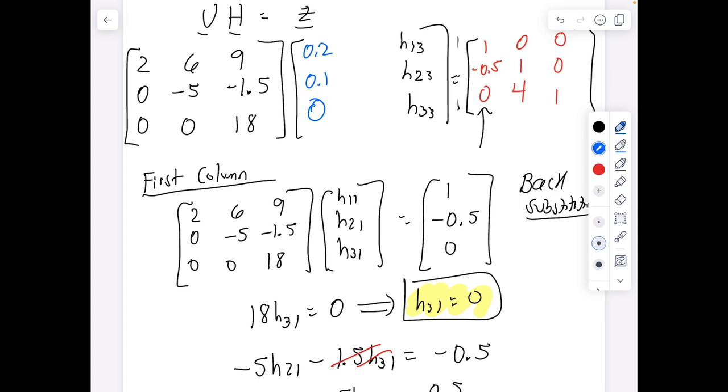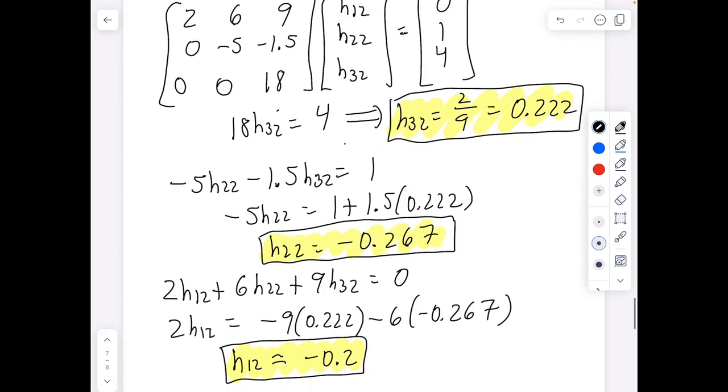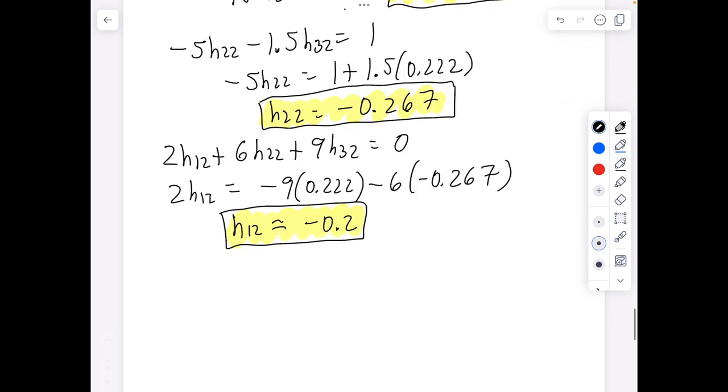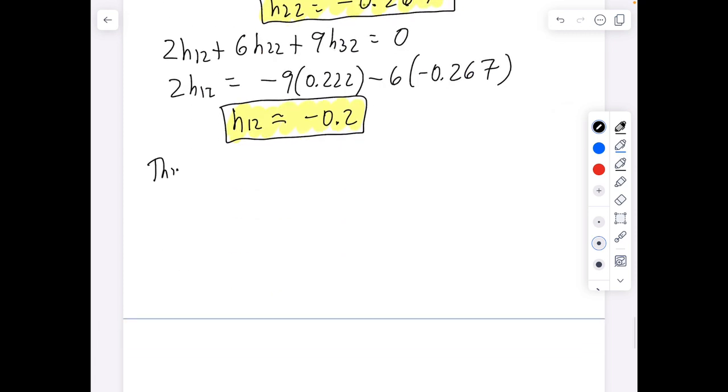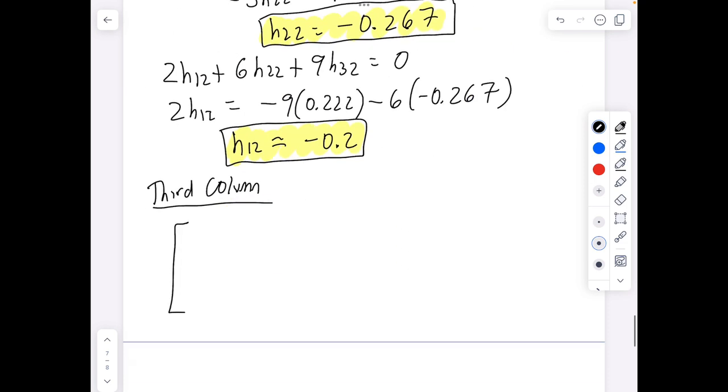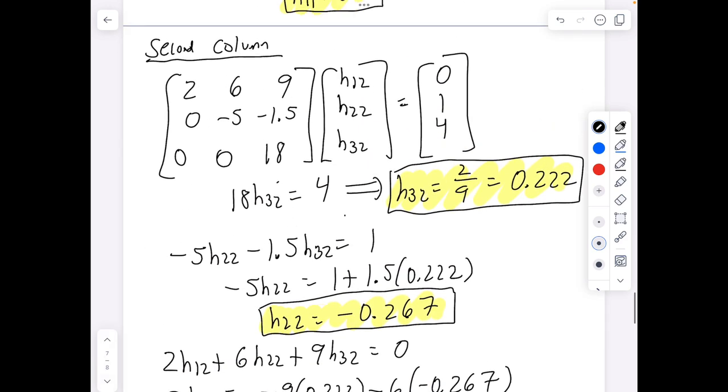So negative 0.2. Let's go ahead and plug these in now. So we have negative 0.2, negative 0.267, and the 0.222. Last column. And the last part of the problem. So we'll take the same U, -5, -1.5.